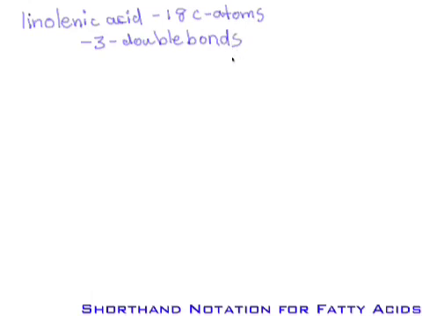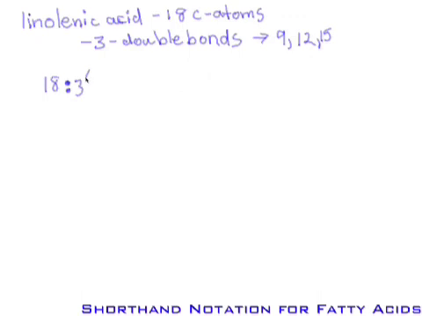These double bonds are at positions 9, 12, and 15, and you can check these. So we can represent such a configuration, separating the number of carbons from the number of double bonds by a colon. So we would say 18 colon 3.